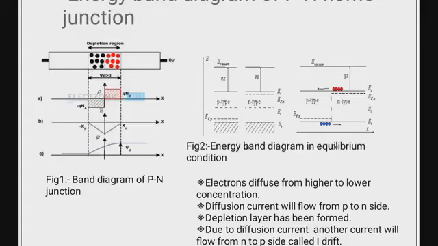Now, in this diagram there are basically two components which denote the particle or carrier density due to the migration of charged particles from n to p and p to n side.